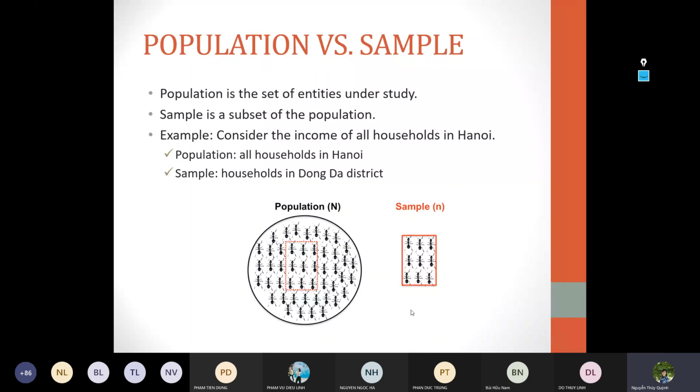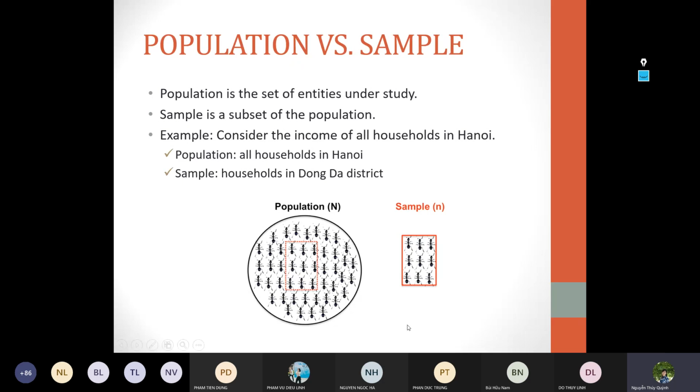A population is the set of entities under study, including all the entities of interest, all the observations of the population of interest. A sample is just a subset of the population.